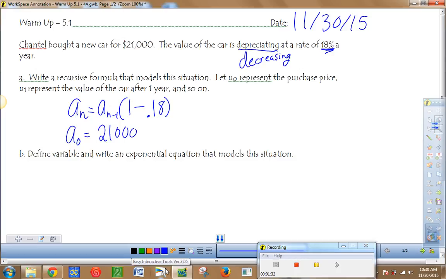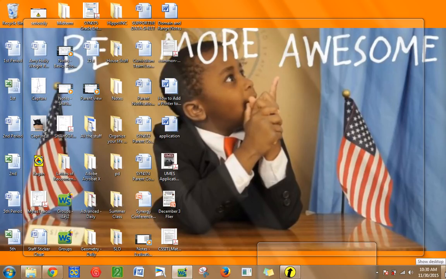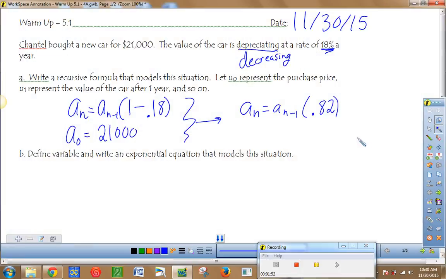So here's the deal. Believe it or not, you can actually leave it like this. Sometimes you will see they will give you formulas that look like this. If this totally bothers you and you would prefer to actually do the subtraction and tell me that it's 0.82, that is 100% correct as well. I do not care which one you do.